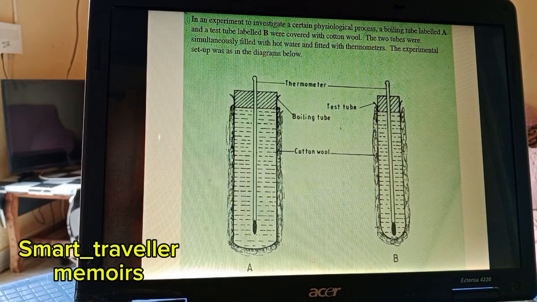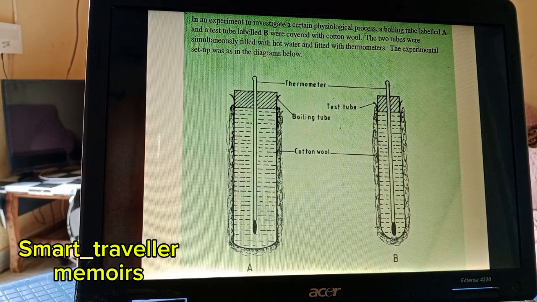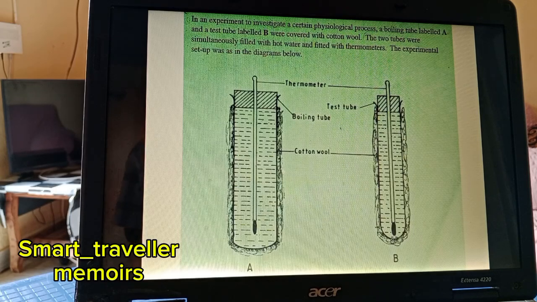So, in an experiment to investigate a certain physiological process, a boiling tube labeled A and a test tube labeled B were covered with cotton wool. The two tubes were simultaneously filled with hot water and fitted with thermometers. The experiment setup was as in the diagram there.